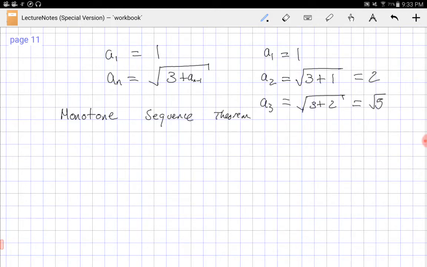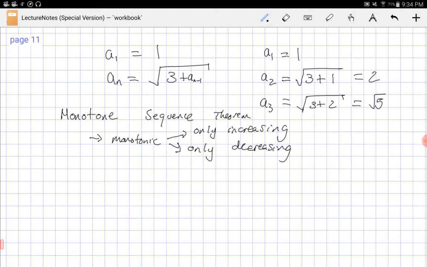And basically what it states is that if a sequence is monotonic, and what monotonic means is basically that it's only increasing, or only decreasing. So as the name implies, it only has one tone. It's only going to go up, or it's only going to go down.